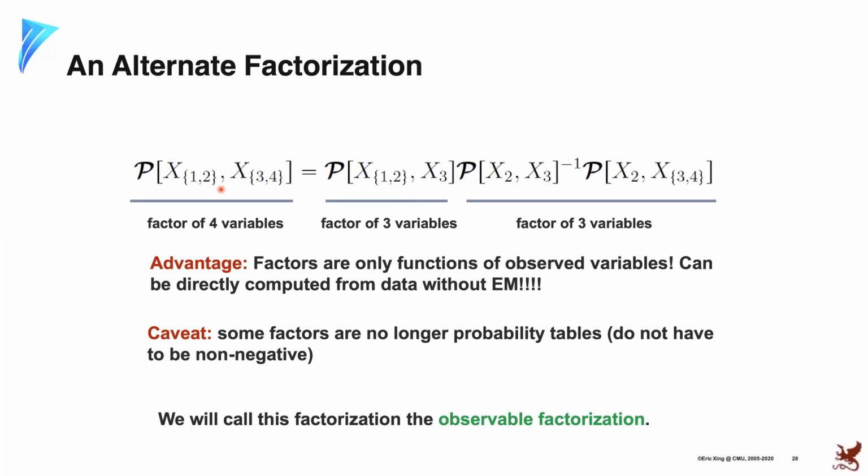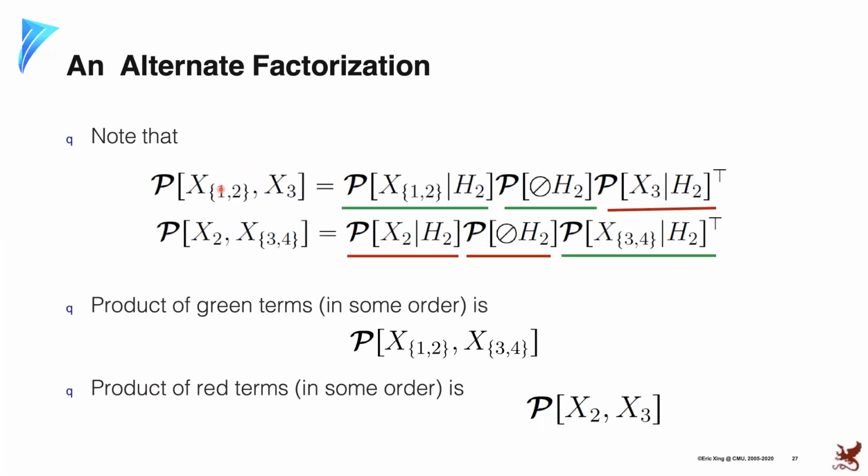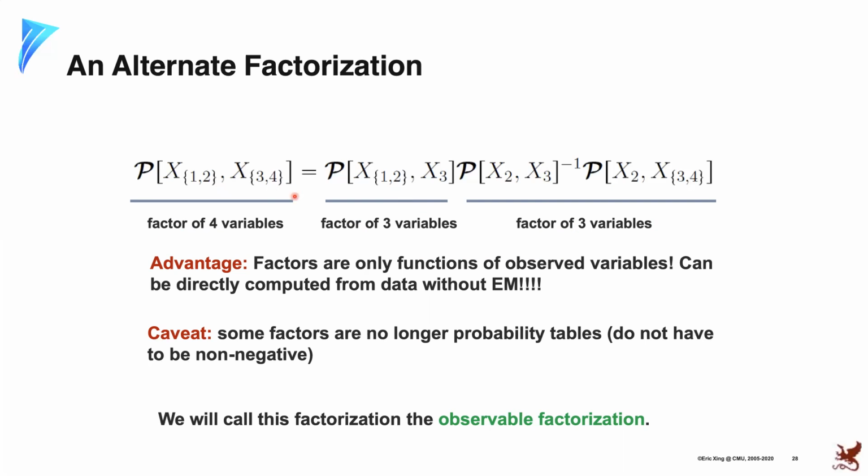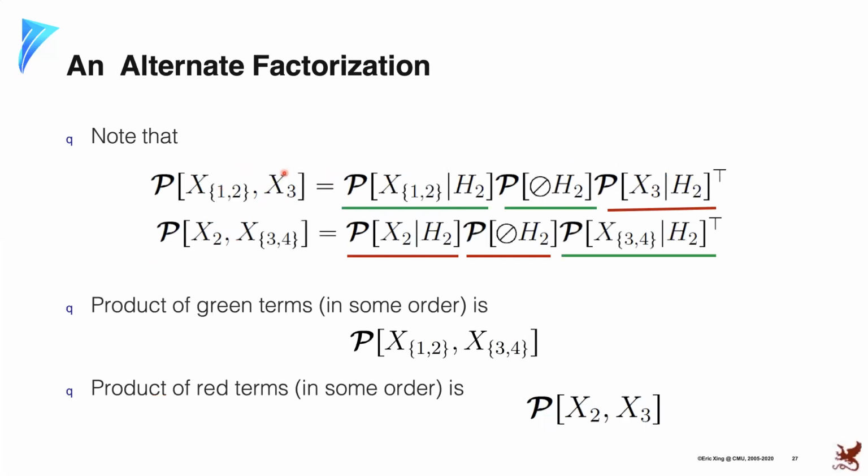I see. So the assumption we made here is that for all of these 4 variables, we can introduce a hidden variable h, where, based on this h, part of these variables are conditionally independent of each other.